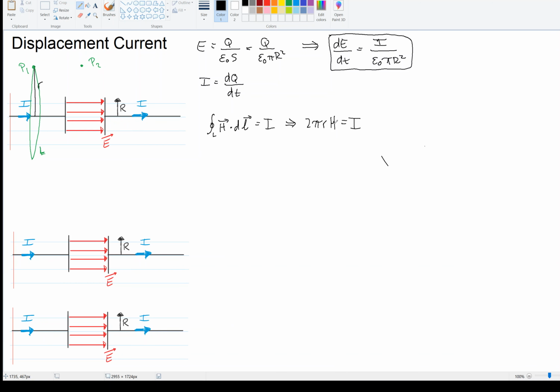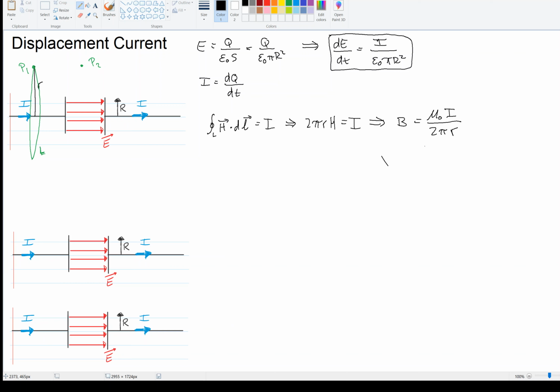And we can, of course, substitute, if this is in free space, that B is equal to mu 0 times H. And what we see is that the magnetic flux density then is mu 0 I over 2 pi r, like that. So that's the magnetic flux density at point P1.